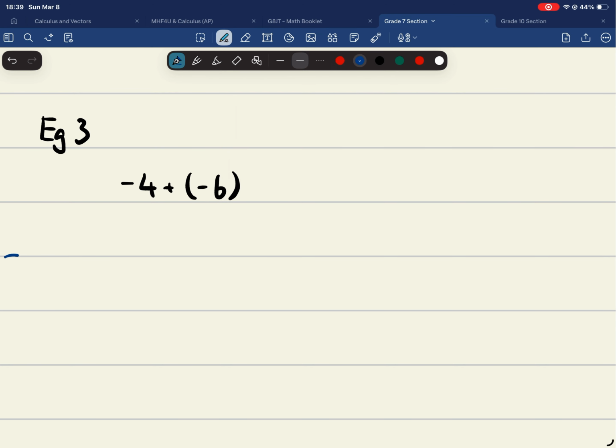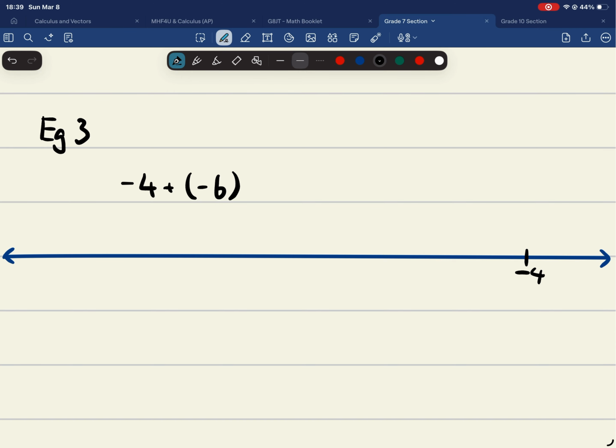So let's draw a number line again. And look at the first number. This will be -4. And we should write -4 down. And for what we just did, if you're adding a negative number, then it'll be subtracting.